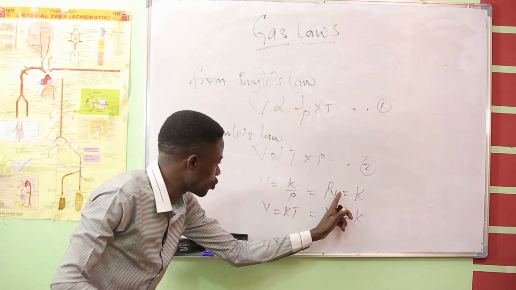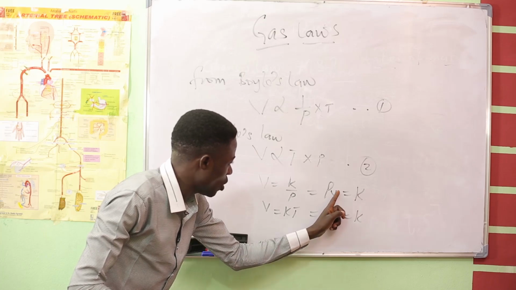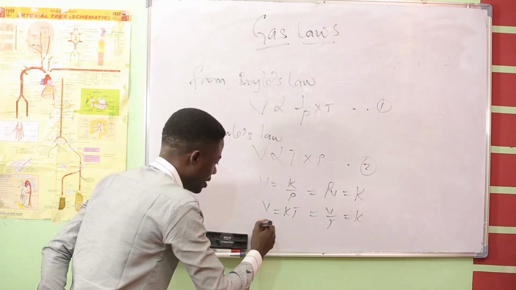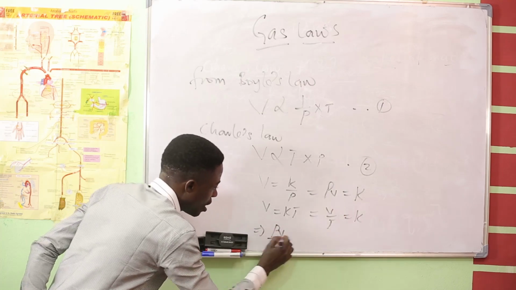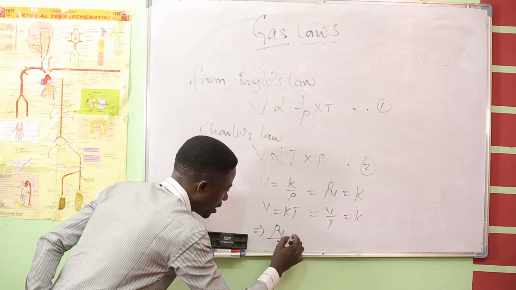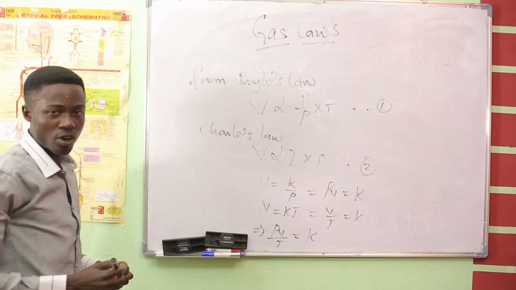Now, if we consider these two, this is common here, this is also common. So I can have PV over T is equal to our common K, which is a constant.